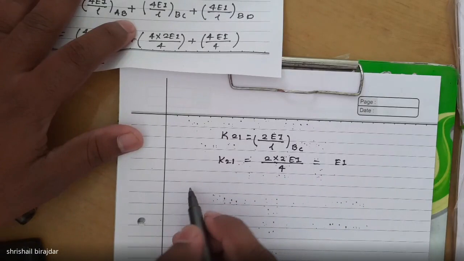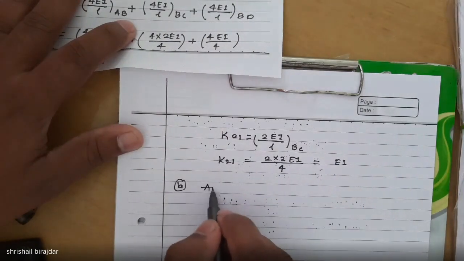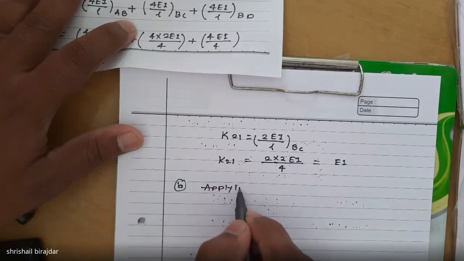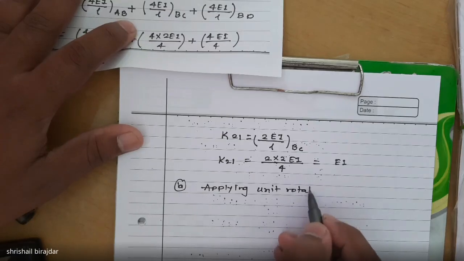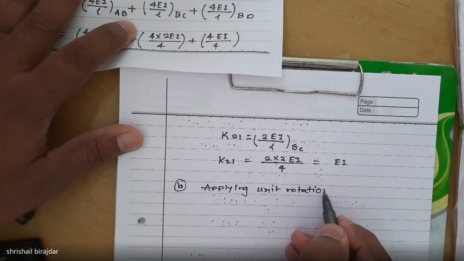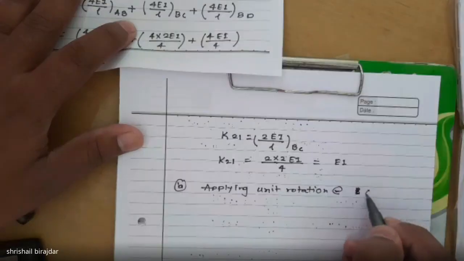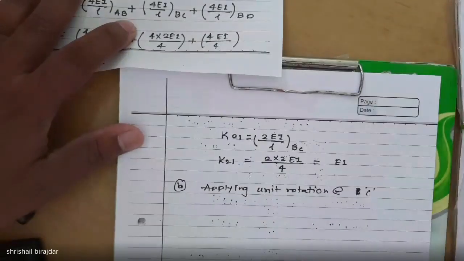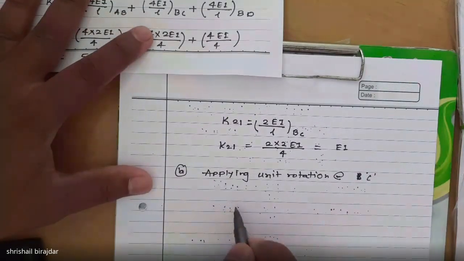Then for getting the second column, applying unit rotation at C point, coordinate location 2. I'm just applying unit rotation to coordinate location 2.